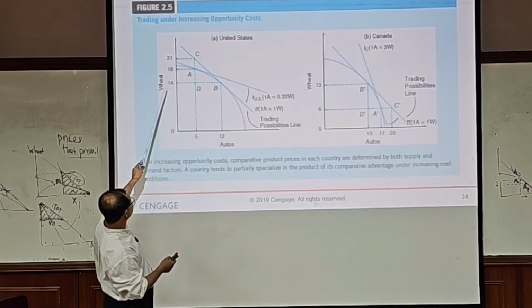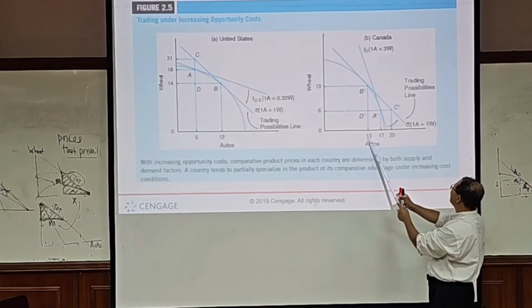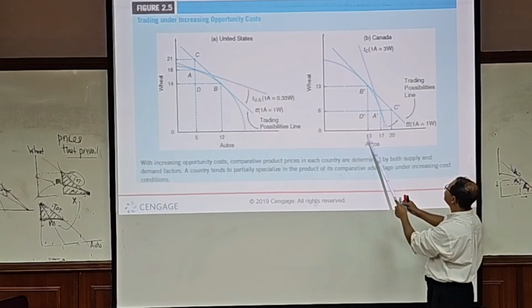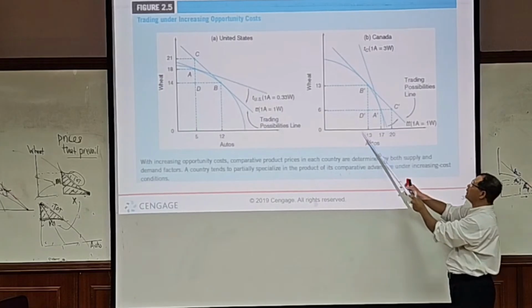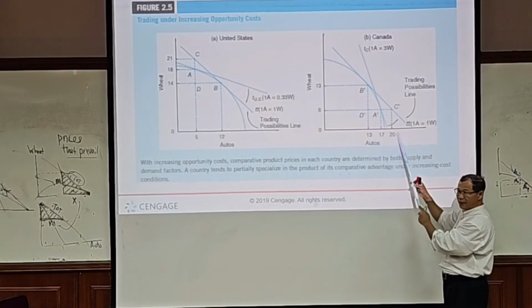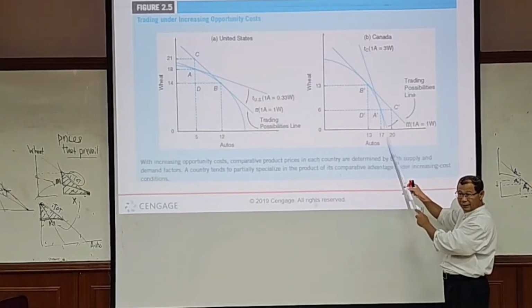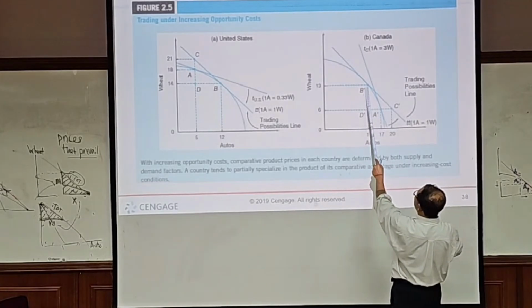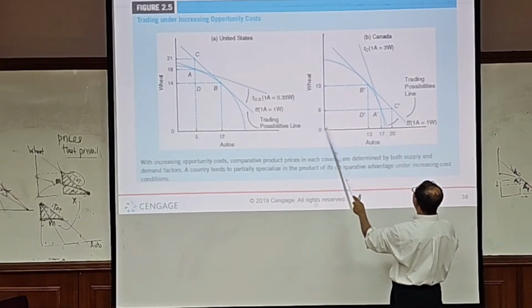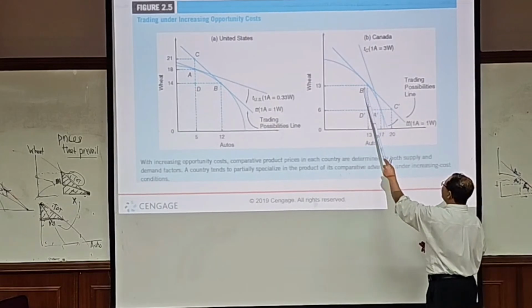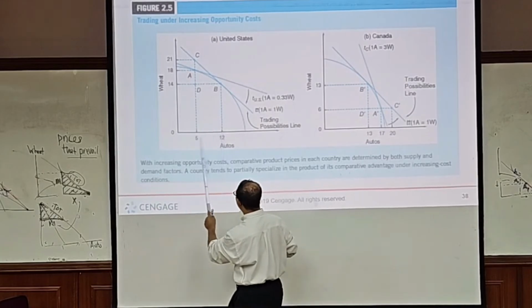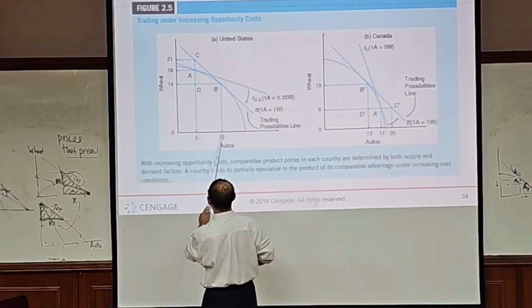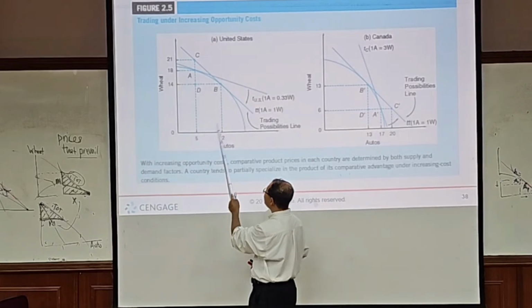Canada produces 13 auto, consumes 20. 7 is imported. Got it? Produce 13 wheat, but consume only 6. This is the trade triangle.